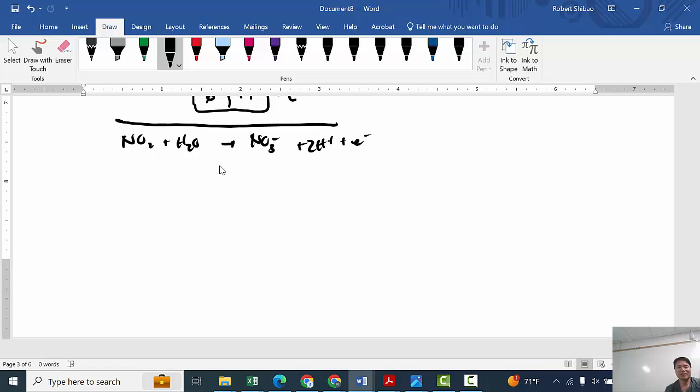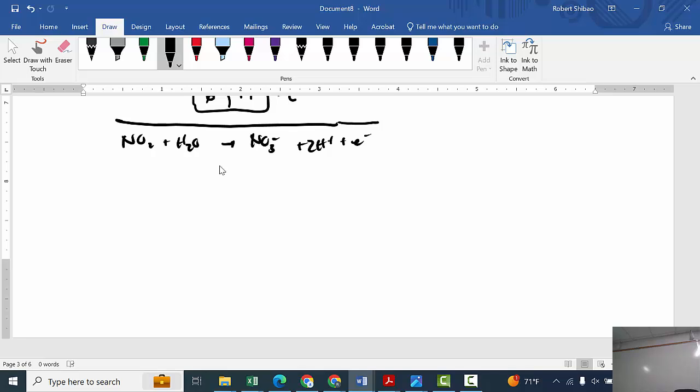Well, rig stands for what? Reduction is gain. And oil stands for oxidation is loss. So are the reactants losing electrons or are they gaining electrons going left to right? Actually, let's think about this here. What's the oxidation state of nitrogen in NO2? +4.